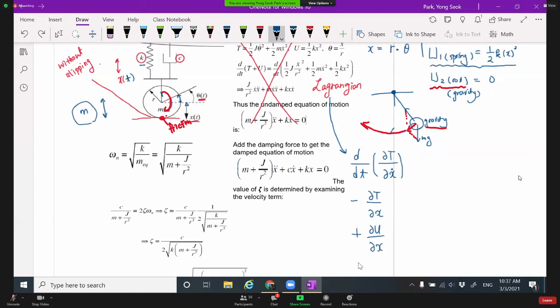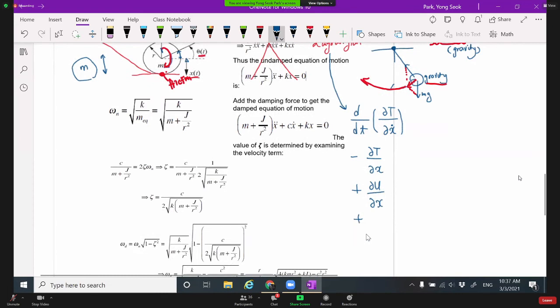Then the last term is related to theta dot or x dot. This is the Coulomb coefficient, due to Coulomb damping. Then we will have a kinetic energy.